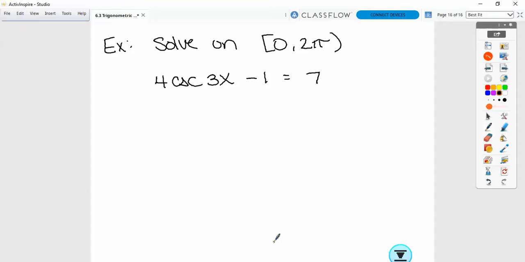All right, so if I'm trying to solve this, for any equation, we have to get the trig function by itself first. So we could add over our 1, divide by 4, and so then what would we have to do?